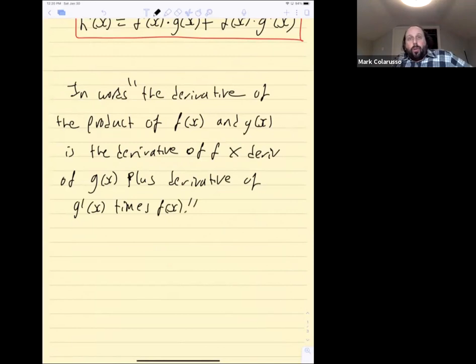And again, I say this rule in my head over and over again to help understand this rule and to internalize it when I'm performing the computations, when I'm performing the examples.